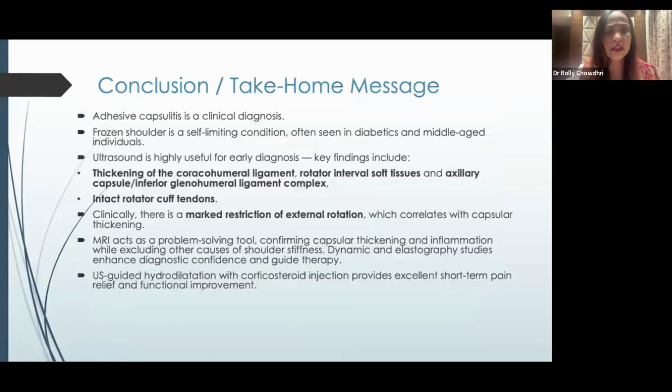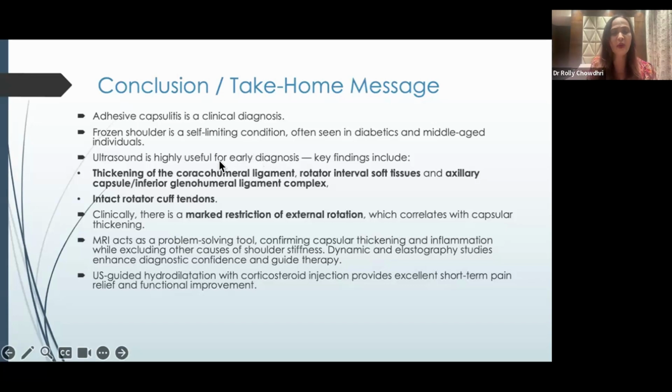My conclusion or take-home message is that adhesive capsulitis is a clinical diagnosis. It is a self-limited condition. Always ask the history of diabetes, and it's very common in middle-aged females, perimenopausal females. It's a clinical diagnosis, but ultrasound can help us with early diagnosis, in which we can rule out rotator cuff pathology.